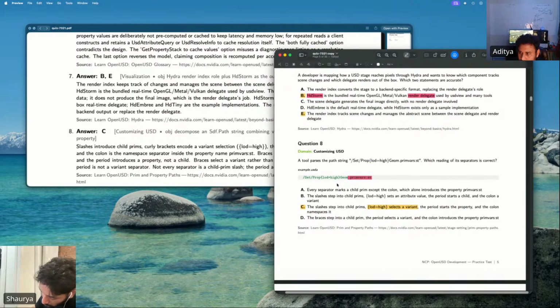This is variant period colon namespaces in.